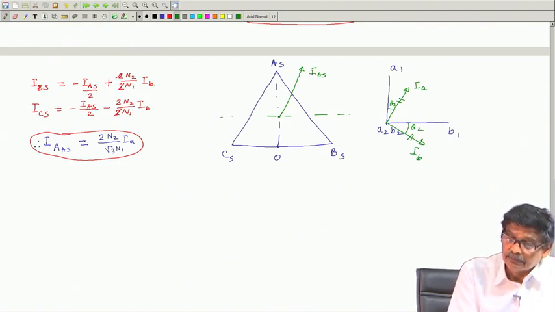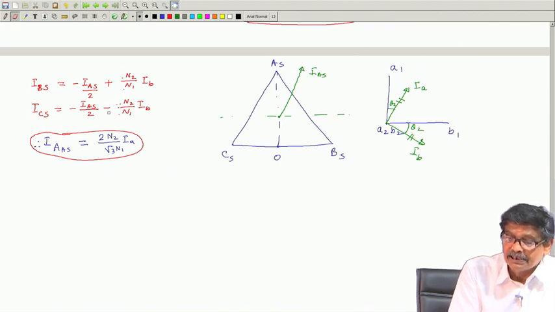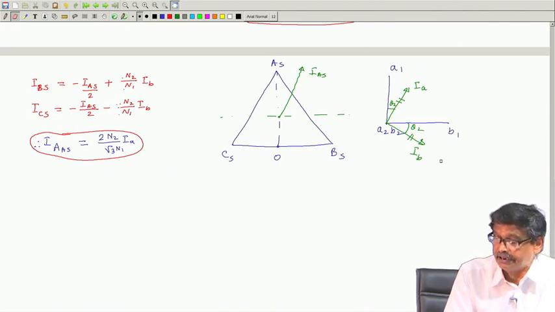This is the thing. Then if you see IBS, it is equal to IB, so N 2 by N 1 into IB. So, this part, suppose IBS I am plotting, it is this term. N 2 by N 1 into IB, IB is here multiplied by N 2 by N 1.